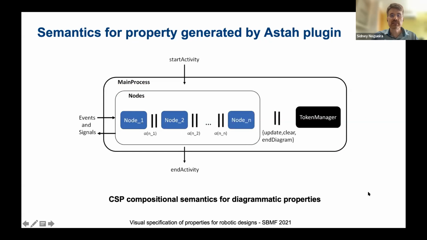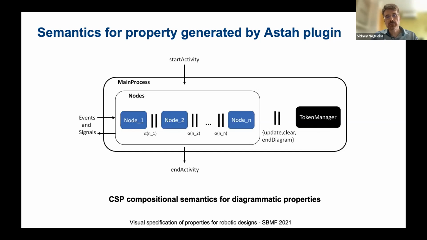In our semantics, we also have additional elements like a token manager, which is a CSP process that controls the termination of the diagram. So the idea is that you build a diagram, and then you have an automatic translation to CSP following this structure.